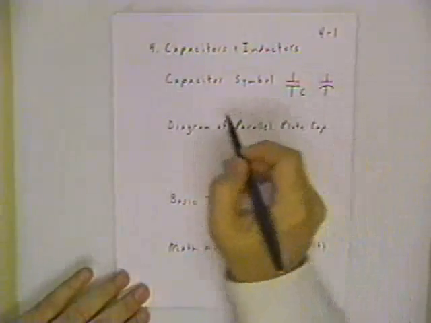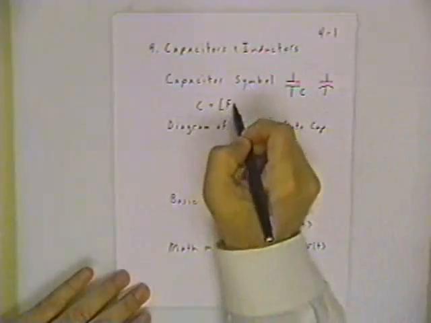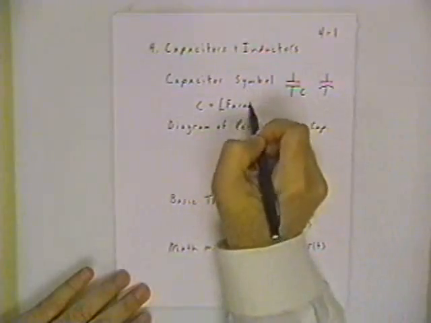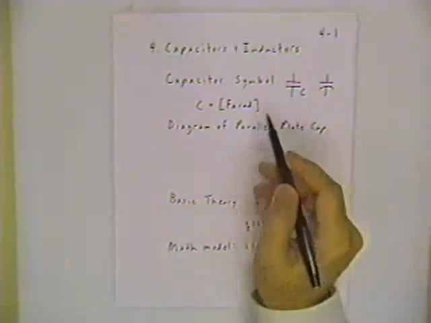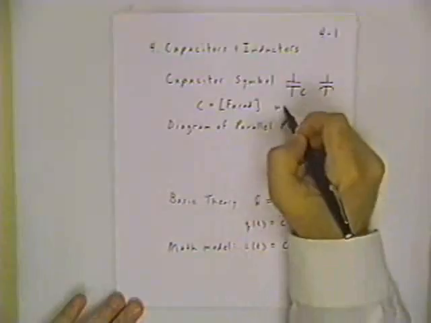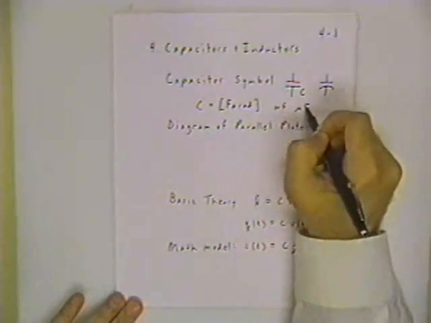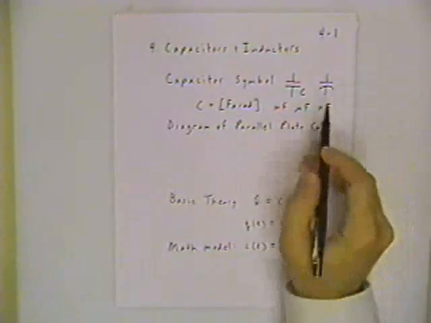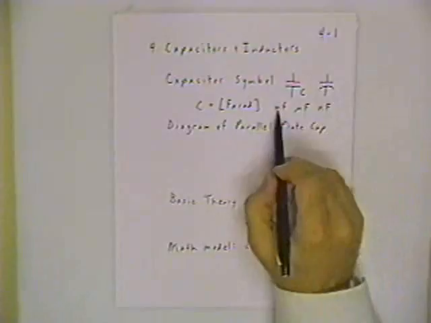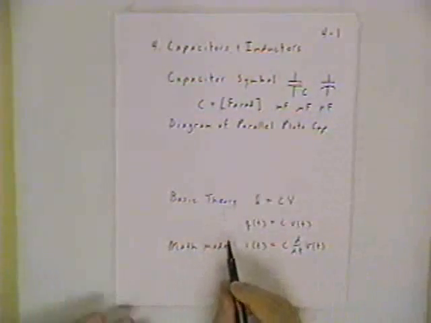Capacitors are labeled with C. Capacitance is measured in units of farads, or just capital F. And some of the common multipliers for capacitors are millifarads with an M, microfarads with a mu, and nanofarads. Nano is 10 to the minus 9, micro is 10 to the minus 6, and milli is 10 to the minus 3. These are some of the more common multipliers you'll find.